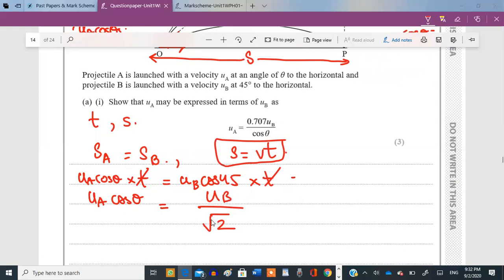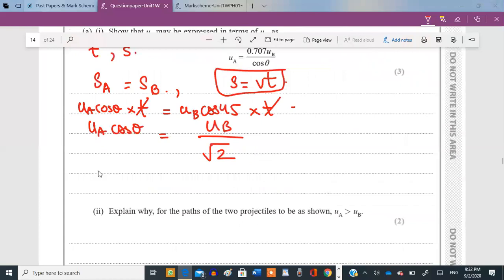So this can be written as UA cos of theta is equal to 0.707 times UB. And now just make UA the subject and you have your expression.